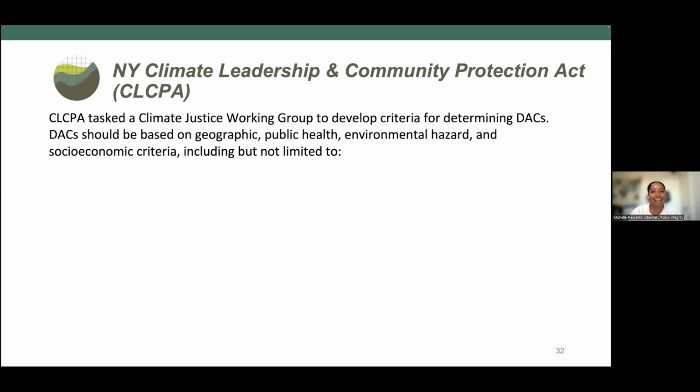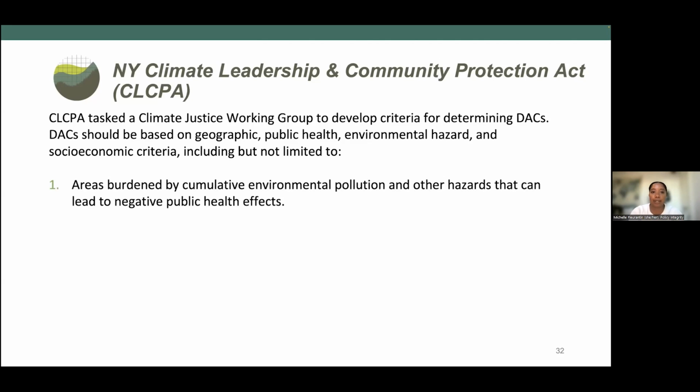So the CLCPA actually tasked a climate justice working group to develop criteria for determining DACs. And the CLCPA also states that DACs should be based on geographic, public health, environmental hazard, and socioeconomic criteria, including but not limited to areas burdened by cumulative environmental pollution and other hazards that can lead to negative public health effects.